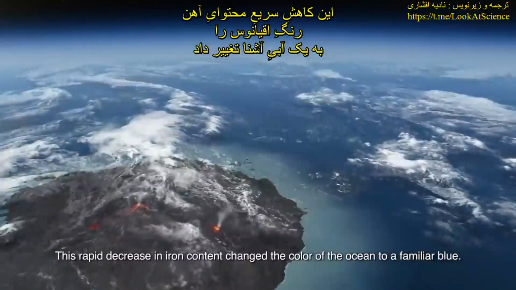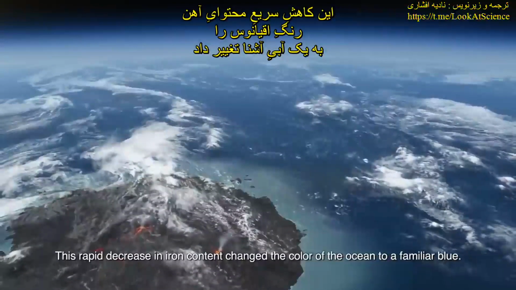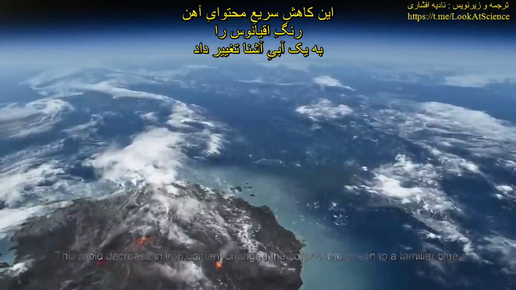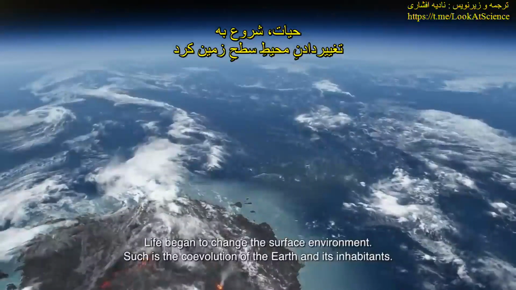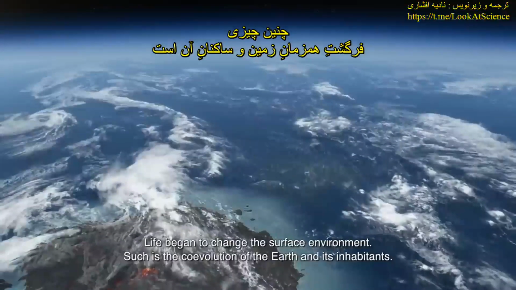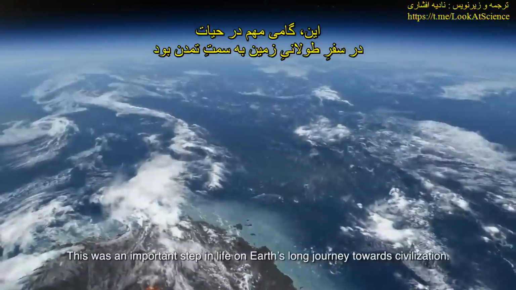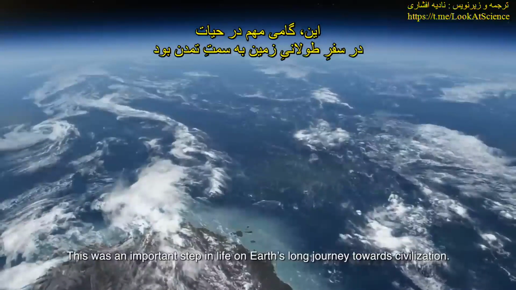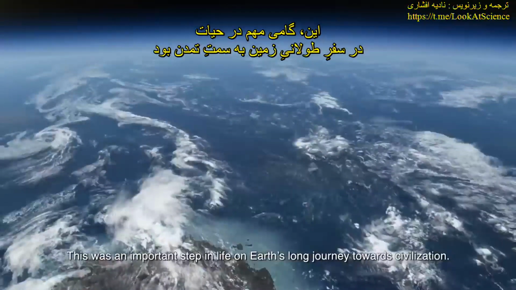This rapid decrease in iron content changed the color of the ocean to a familiar blue. Life began to change the surface environment. Such is the coevolution of the Earth and its inhabitants. This was an important step in life on Earth's long journey toward civilization.